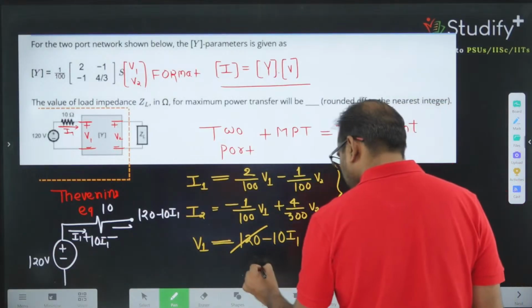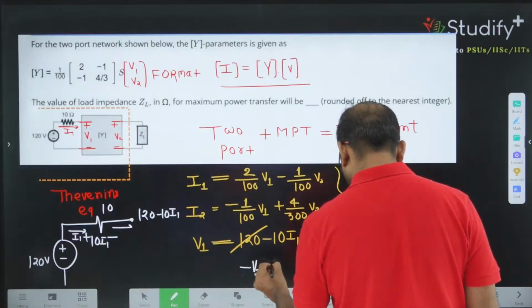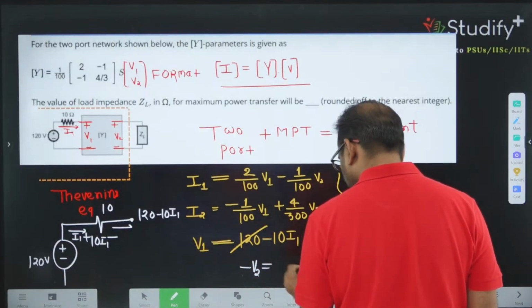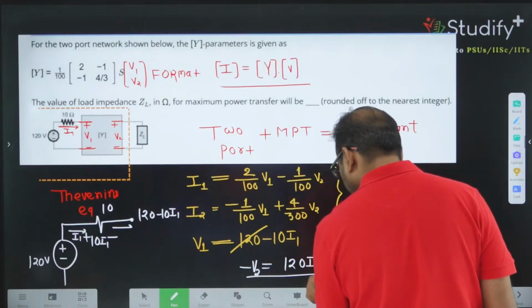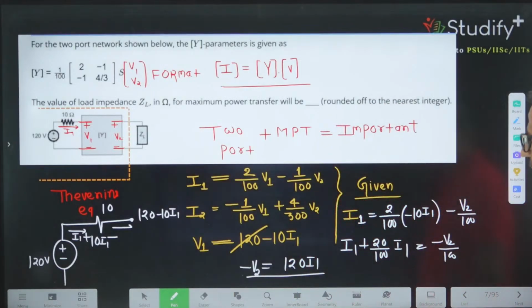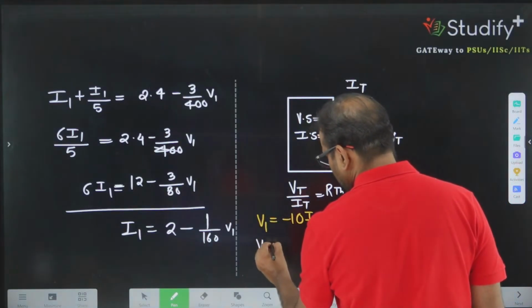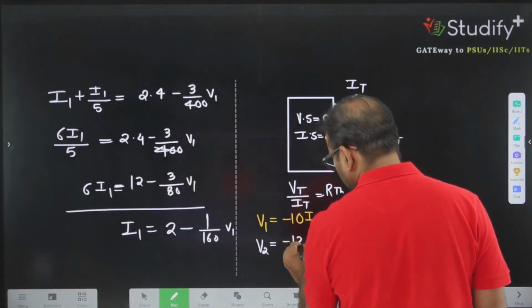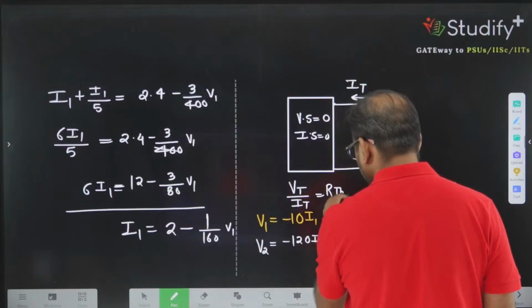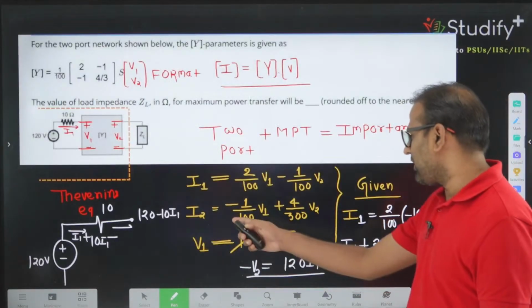So you can say minus of V2 is equivalent to, 100 cancel, 120 I1. V2 equal to minus of 120 I1. So let's use this, V2 equal to minus 120 I1.